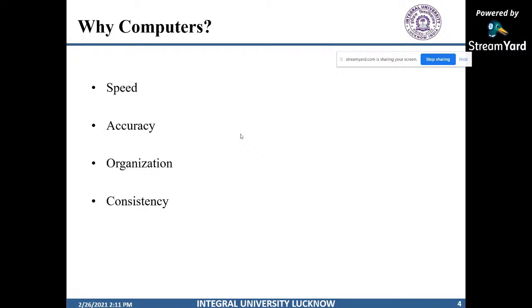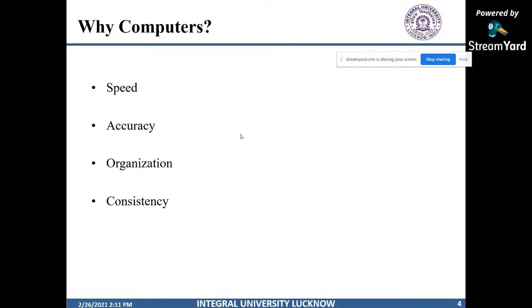First one is speed. Computers can process numbers and information in a very short time, so researchers can process and analyze data very quickly. You may have a huge volume or a variety of data, but by using computers you can analyze and process that data very quickly, and it saves a lot of time when we conduct research or calculations.